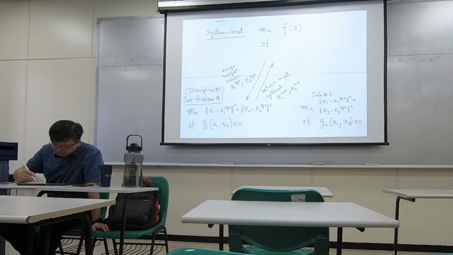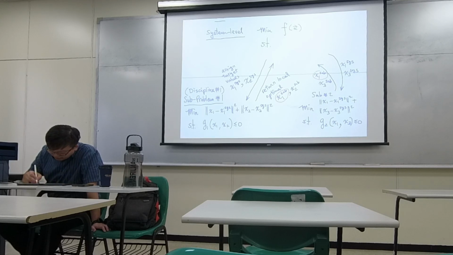So over here you can see the system assigns x1 sys and x3 sys, and when you return the value, you will send x1 sub and x3 sub. But over here you can see you will have x1 sub from the left system, also x1 sub from the right system.